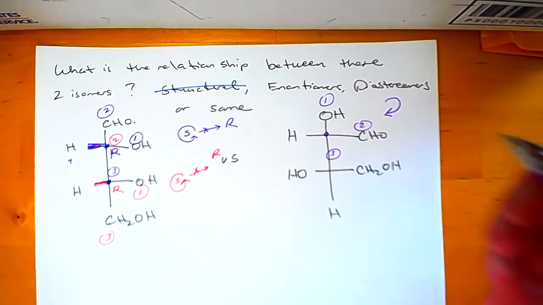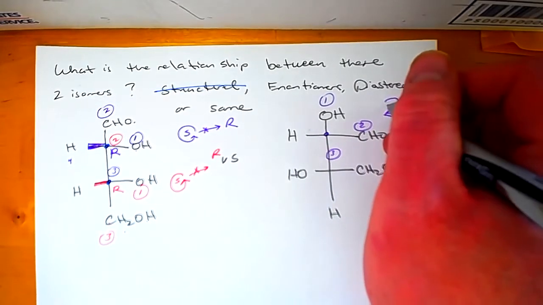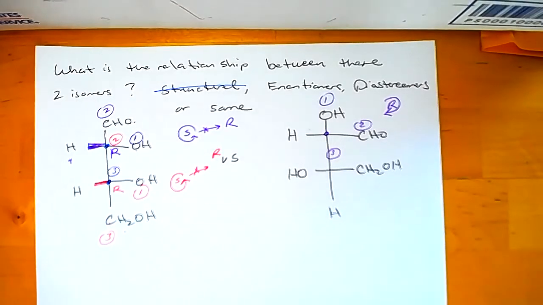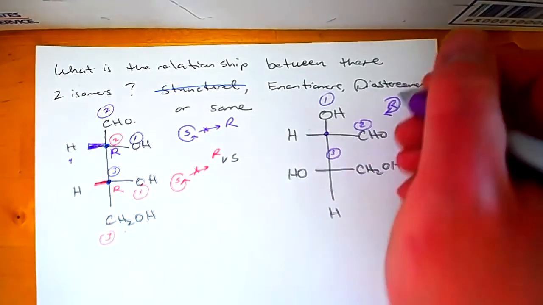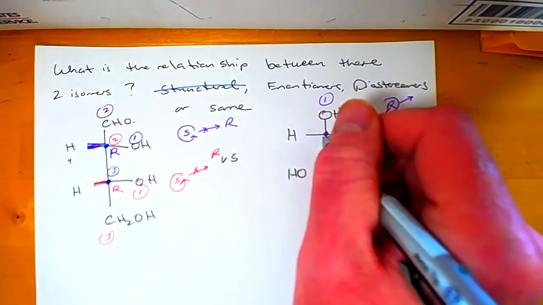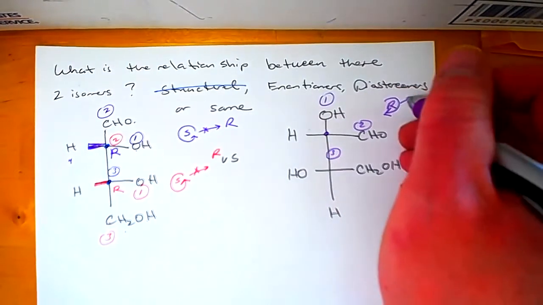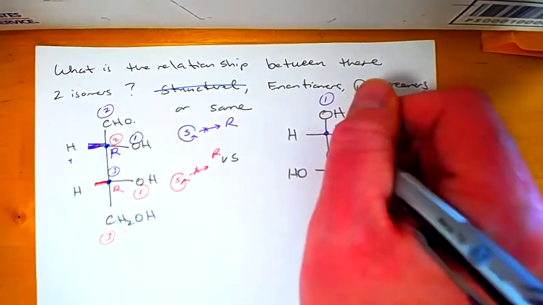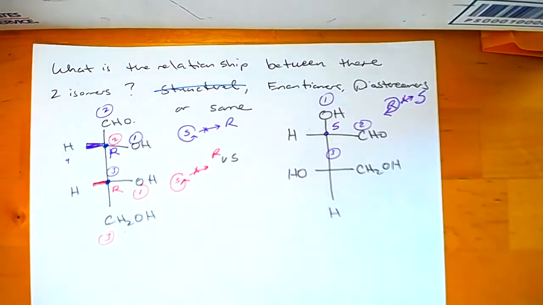So you're going to think that this is R. Then you check your number four group, and in fact it ends up being opposite, so this is going to be S at this position.